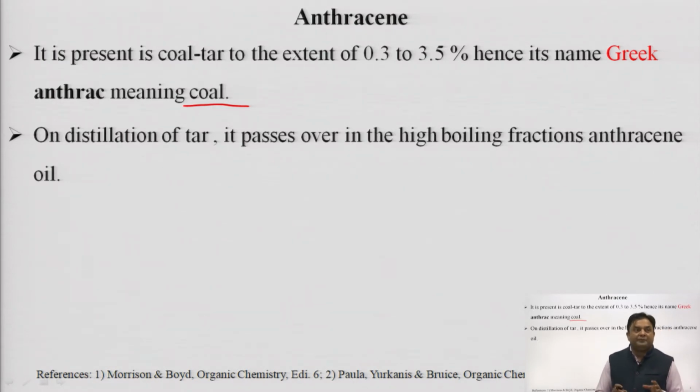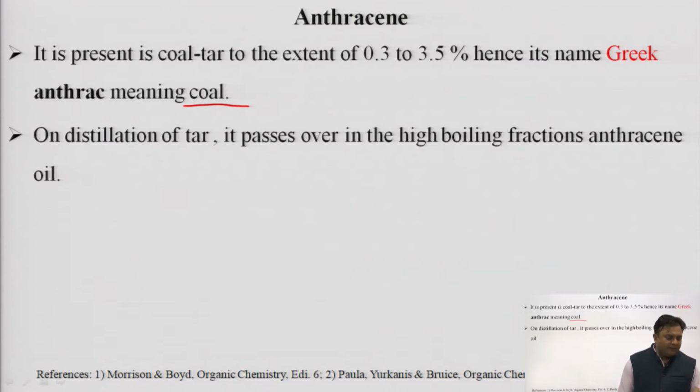On distillation of coal tar, there are many fractions based on the temperature of the distillation process. In the green oil fractions, anthracene along with phenanthrene and other similar products will be there, and it can be isolated very easily from there.